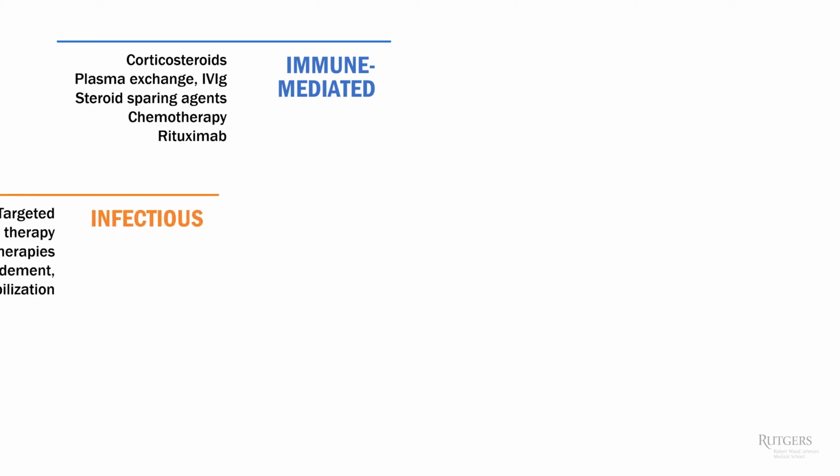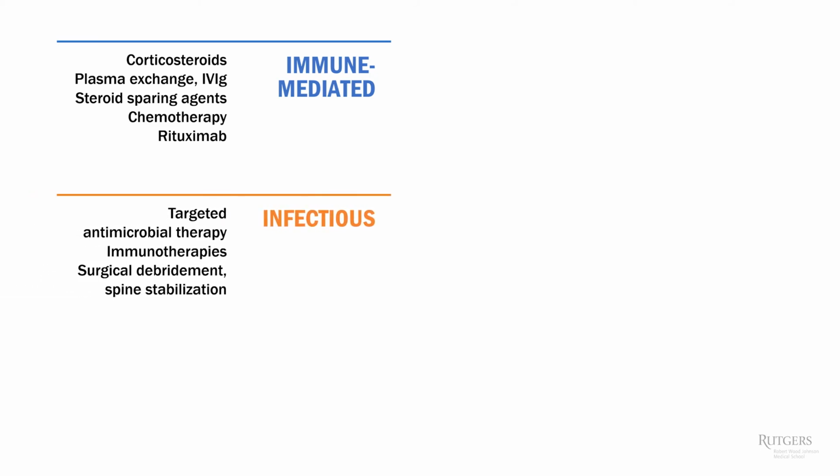For infectious causes, well, we have a whole slew of drugs. Antibacterials, we're talking 3rd or 4th generation cephalosporin, vancomycin, doxycycline. Anti-tubercular drugs, like the intensive 4-drug regimen of rifampin, isoniazid, pyrazinamide, and ethambutol.